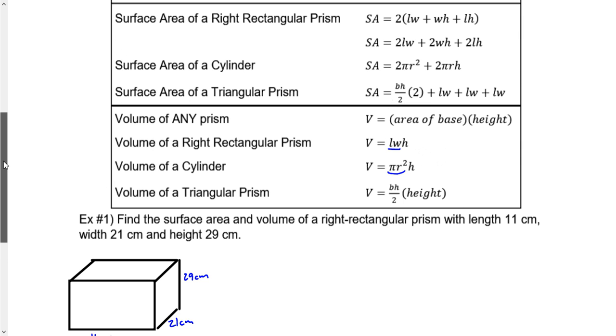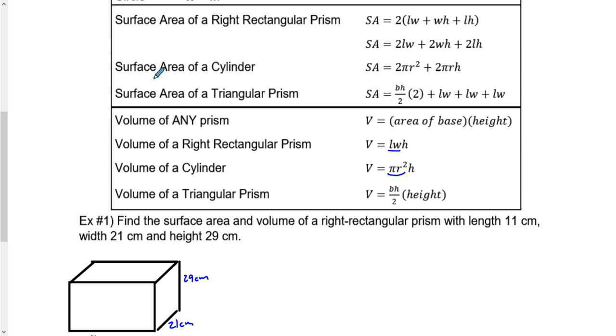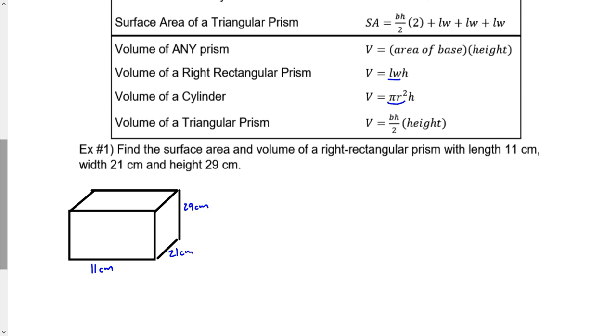So we can use the formula, but I want to help break it down. We have a front. I'll call it 1. Well, the front is a rectangle. It has dimensions of 11 centimeters by 29 centimeters.